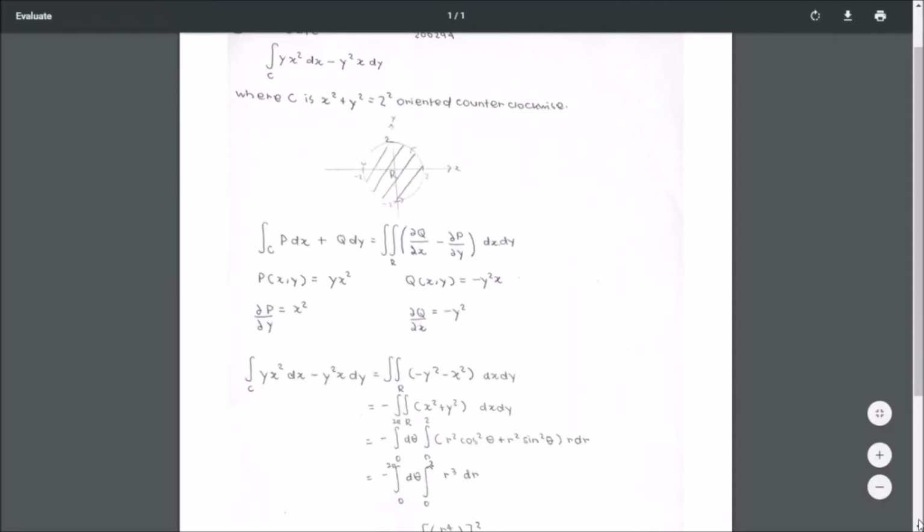And then we solve the partial derivatives and we get dP over dy equal to x squared and dQ over dx equal to negative y squared.